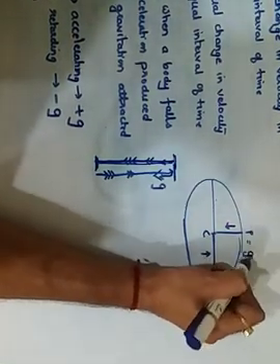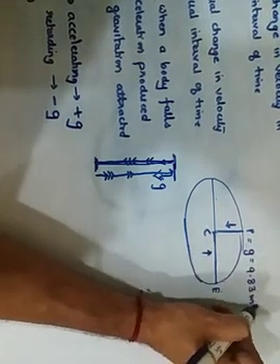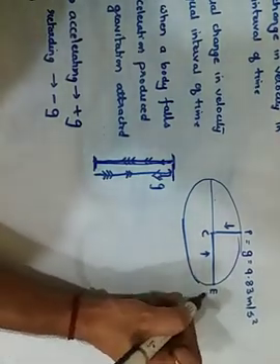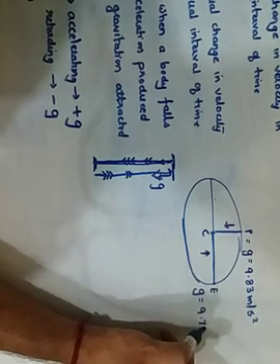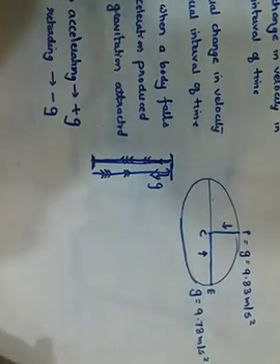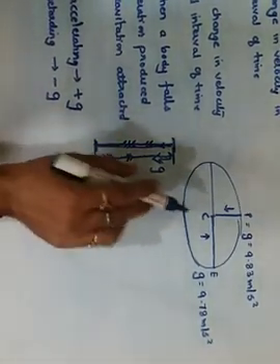The value of g at the poles is approximately 9.83 meters per second square, and at the equator it is minimum. Here the value of g is considered to be 9.78 meters per second square. Getting it? Just for your reference and extra knowledge, this is the value of g.